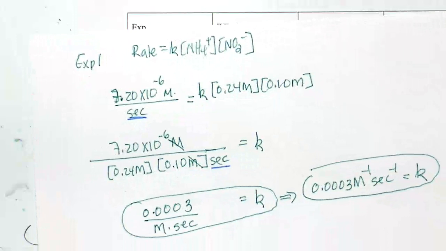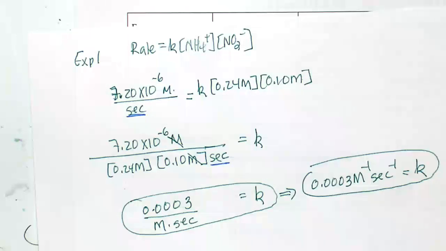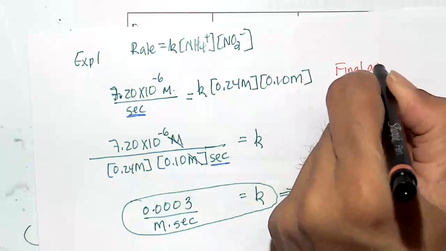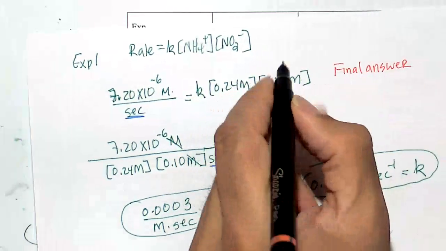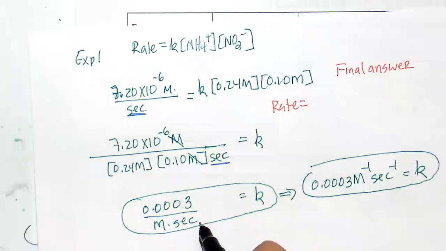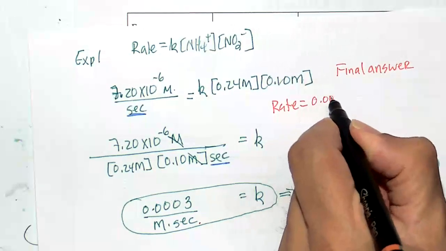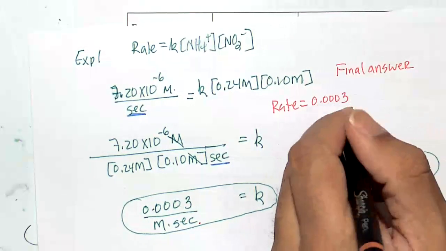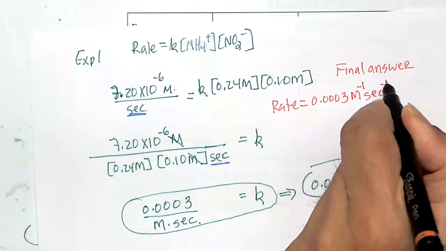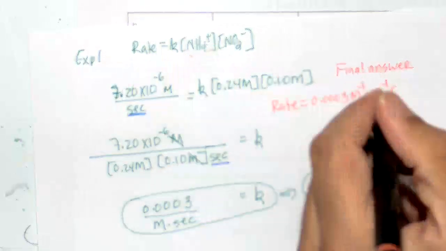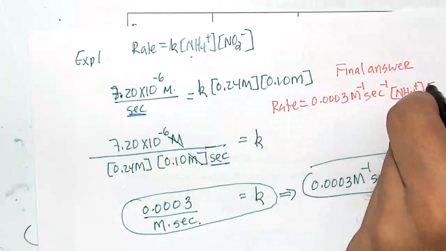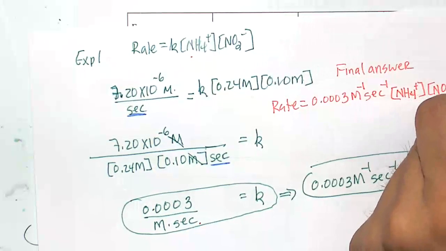So our final answer is going to be, this is what I want you to report on the test: rate is equal to K, which we found out to be 0.0003 M to the minus 1 seconds to the minus 1, times NH4 positive raised to the first power, times NO2 minus raised to the first power.